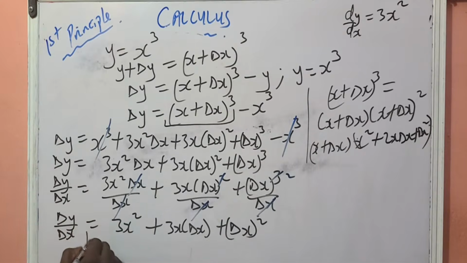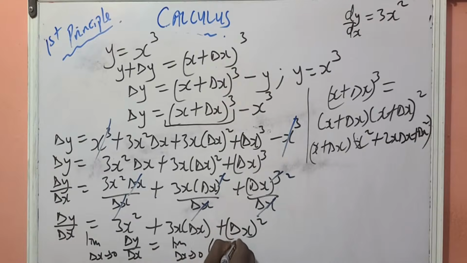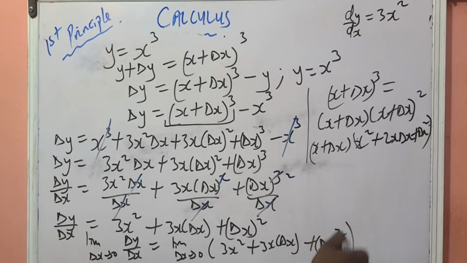The last step is for you to take the limit of dx tending to 0 of both sides. So we have dy over dx equal to, of course, the limit of all this, as dx tends to 0, of 3x squared plus 3x dx plus dx all squared.